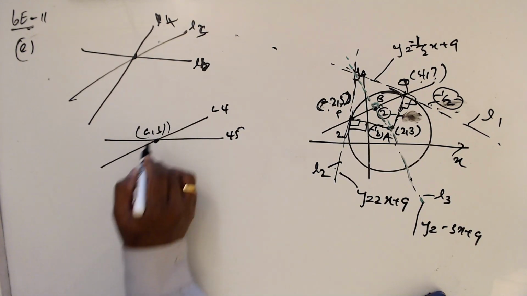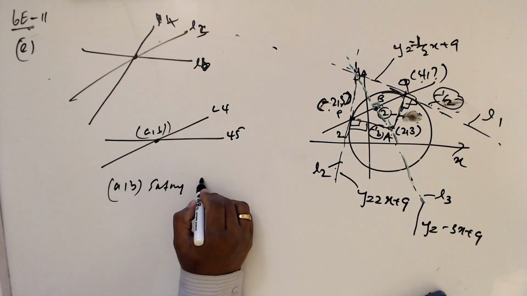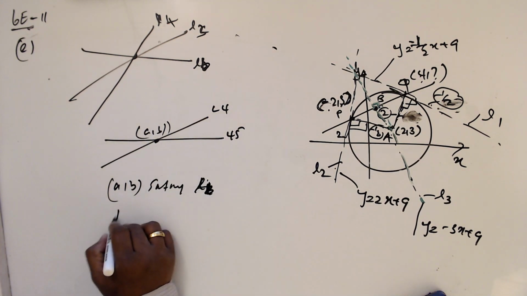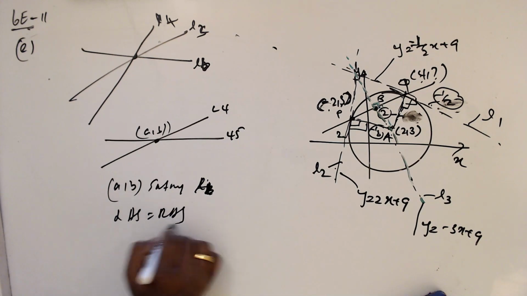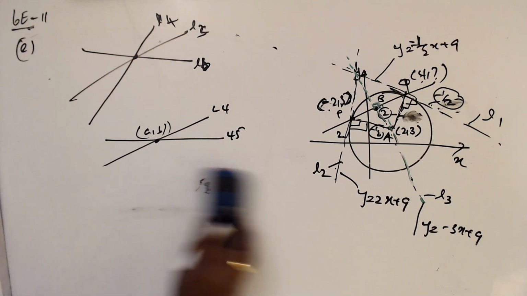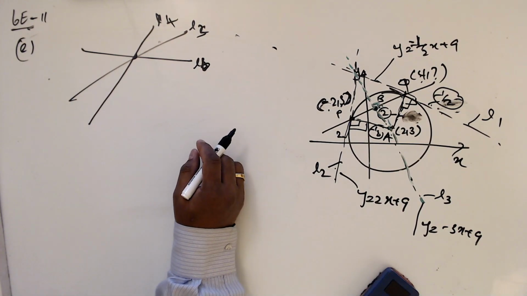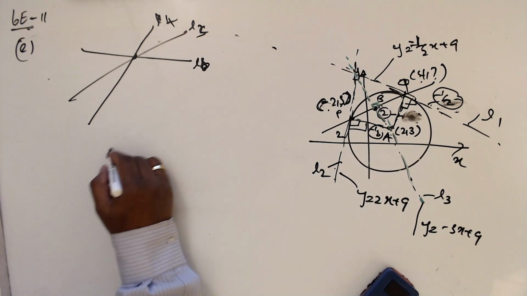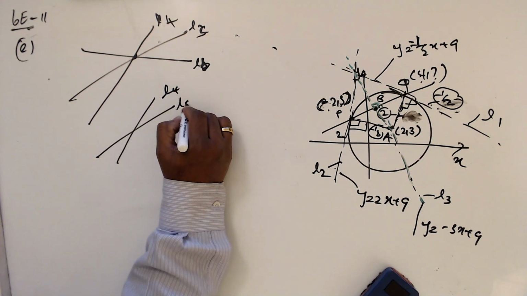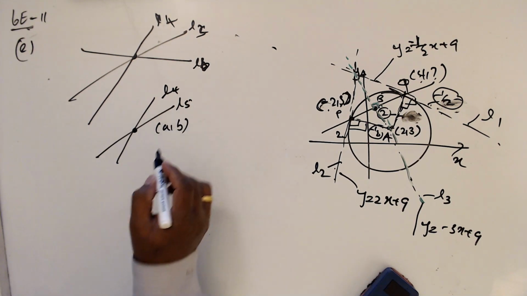Let's say the point satisfies the L6 equation. So we want to show that LHS equals RHS. Or the second method is we solve L4 and L5, which gives the AB coordinate.